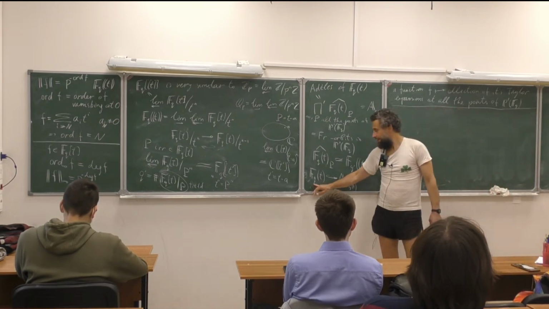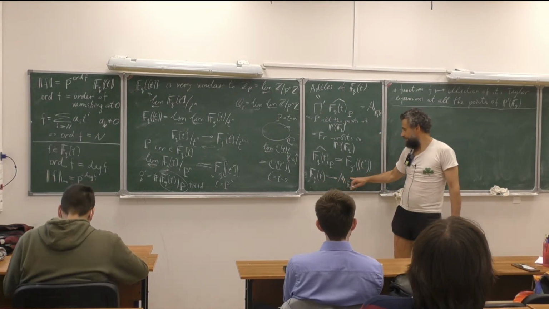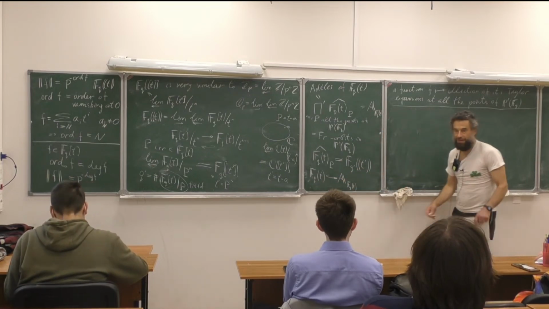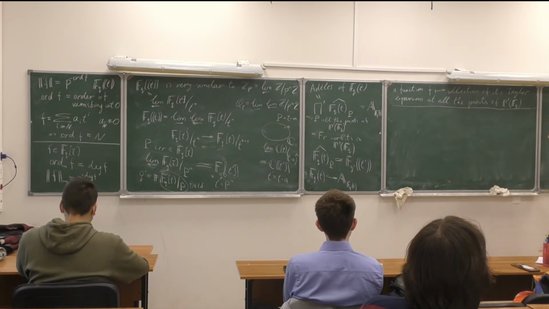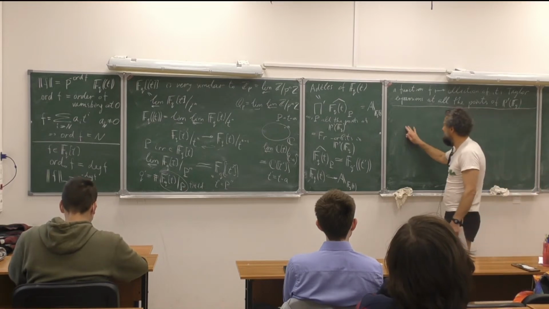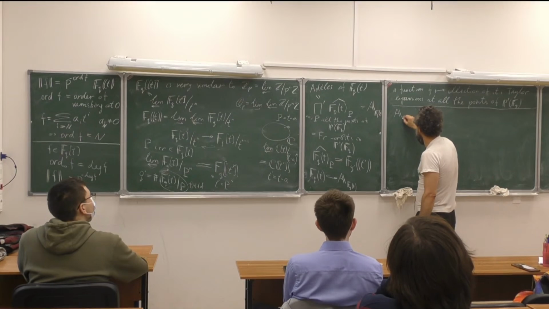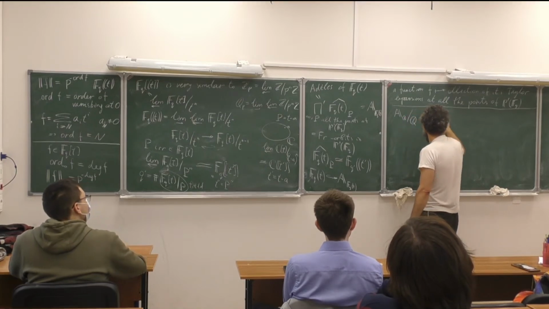Certainly, the topology induced on the global field by the restricted product topology is discrete for evident reasons. And by the way, I didn't formulate this in the home assignment, but what is also true is that this quotient is compact.